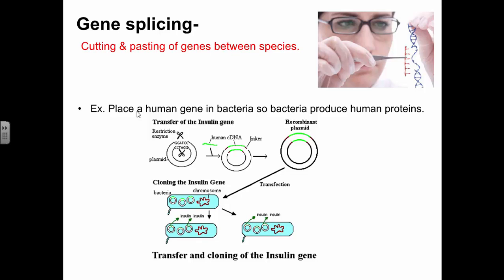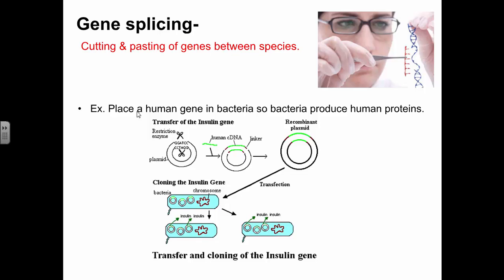But since genetic splicing came about, scientists took from a person the gene for how to make insulin, the instructions. They took it out of a cell and put it into a bacteria. So now the bacteria has the instructions about how to make human insulin.